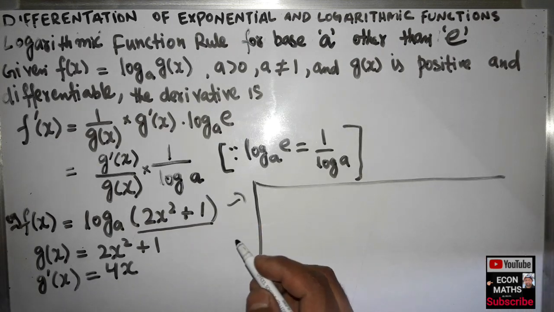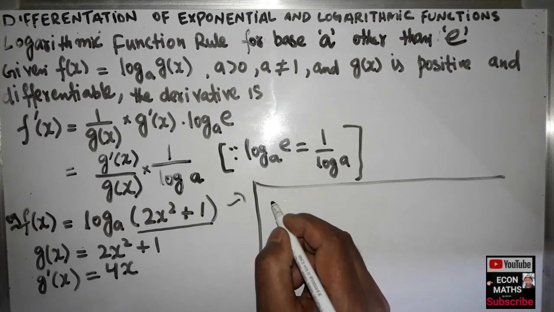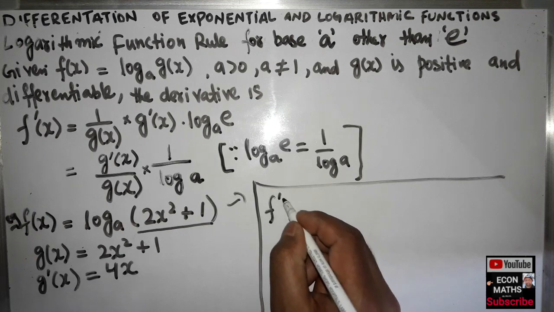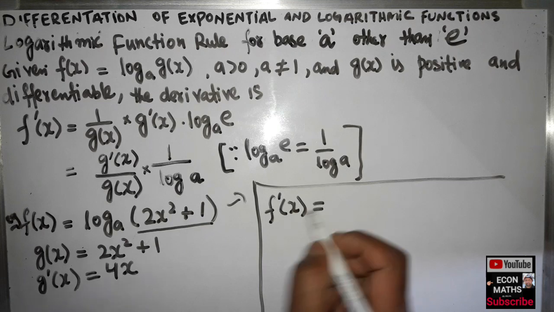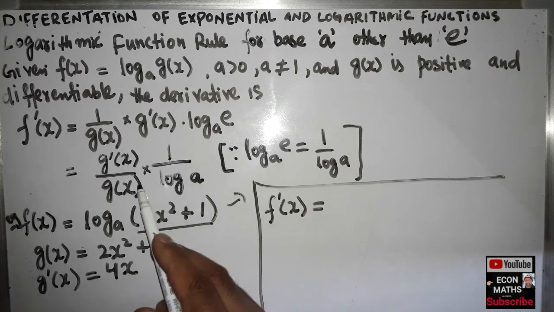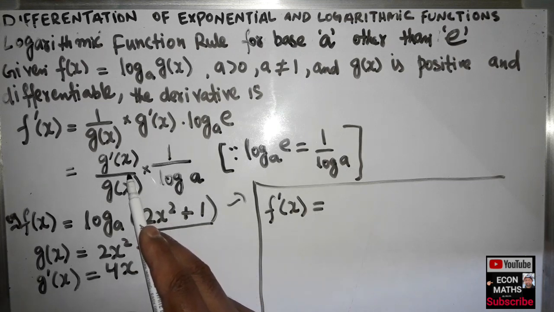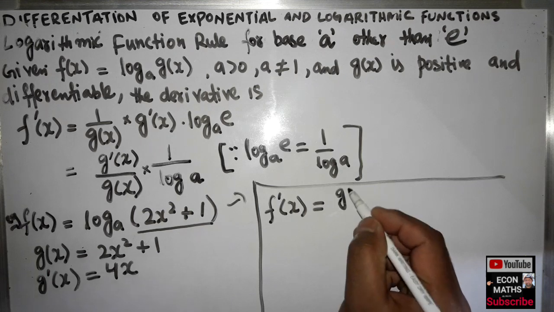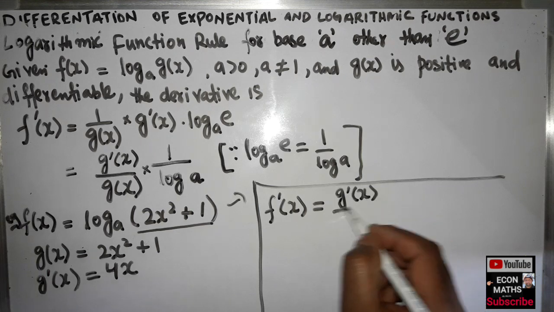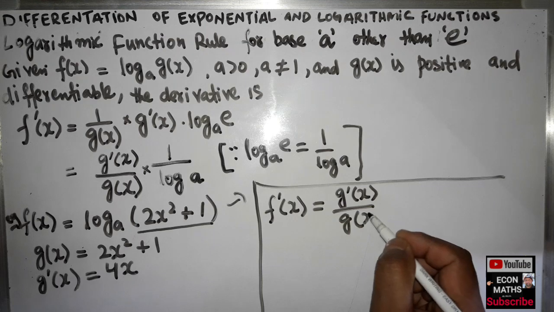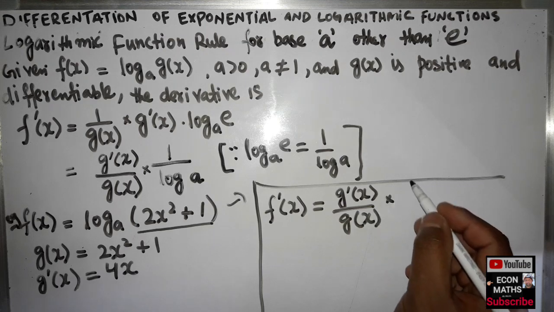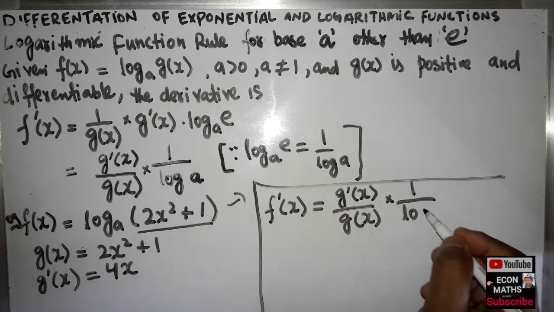Now I can write f dash x, the derivative of this function, is equal to g dash x over g of x times 1 over log of a.